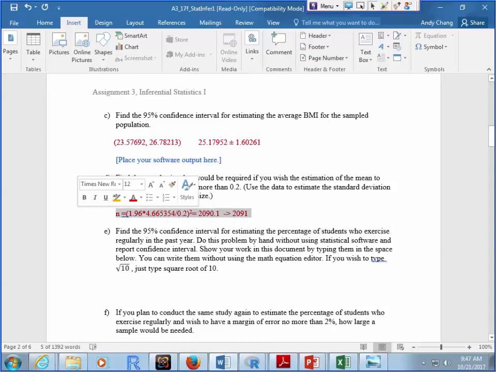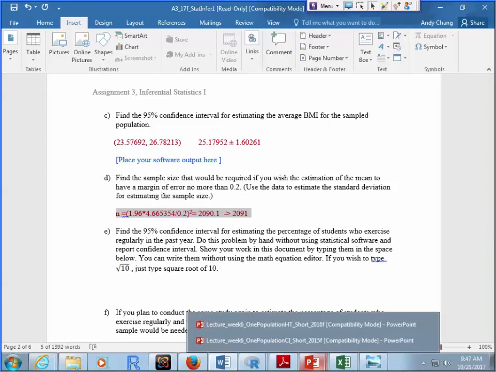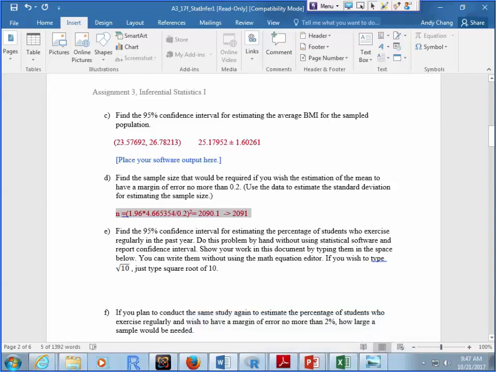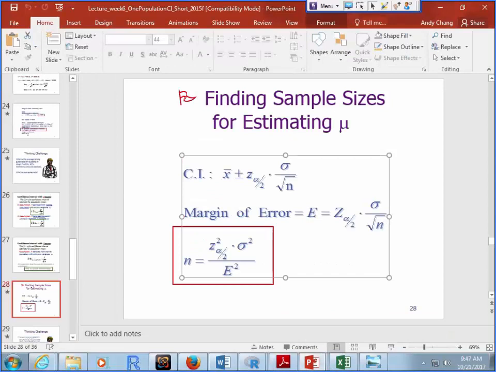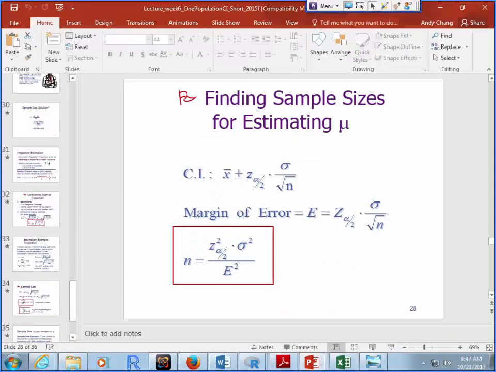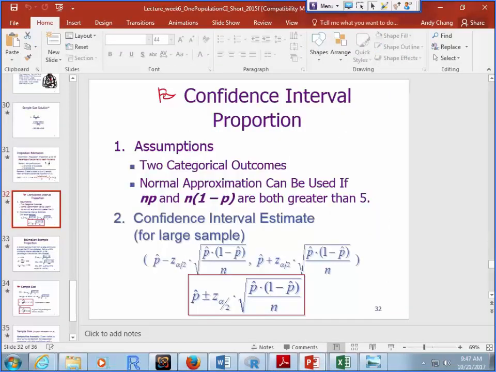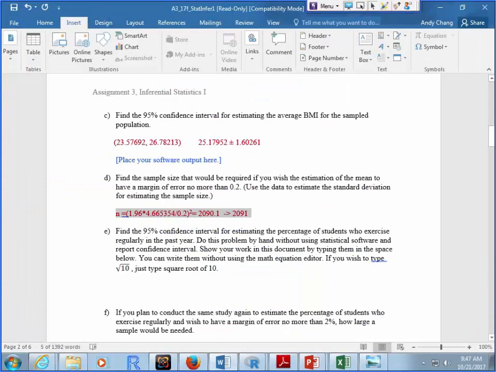Estimating a proportion is different from estimating a mean. We actually learned a confidence interval estimate formula, usually it's the last part. This is the formula for estimating a proportion. You use a sample proportion, and you use this large sample formula with a z-score there, and that's the formula for estimating a proportion.